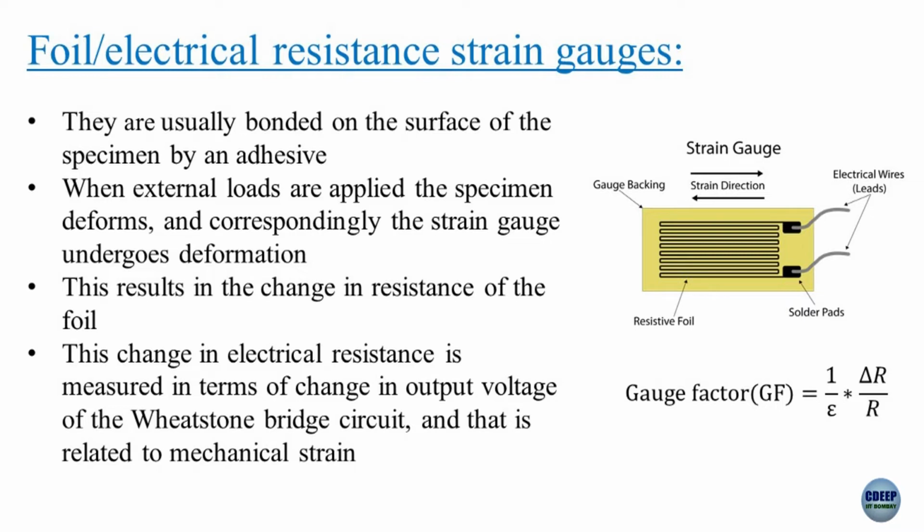This results in the change in resistance of the foil. The change in electrical resistance is measured in terms of change in output voltage of the Wheatstone bridge circuit, and that is related to the mechanical strain. Gauge factor of the strain gauge is the fractional change in resistance to the fractional change in length.